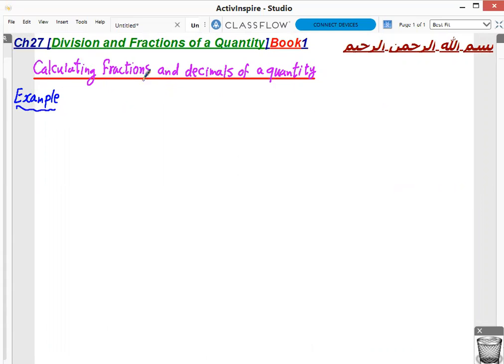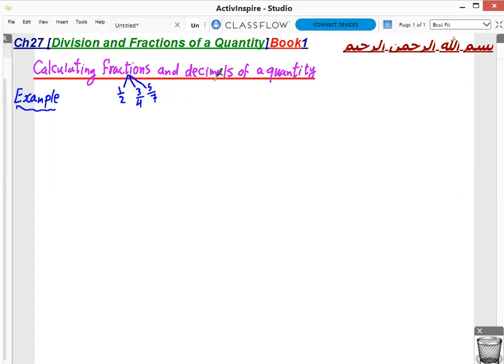Before we take our example, you must know your fractions. Some examples of fractions are 1 over 2 or half, 3 over 4, 5 over 7.